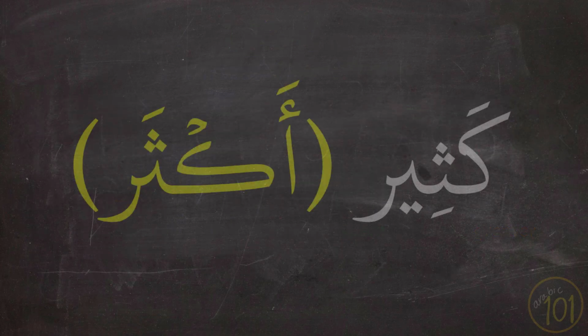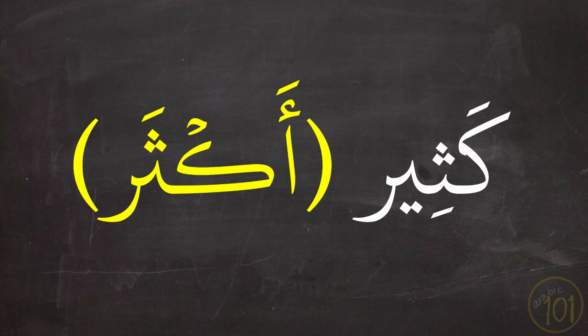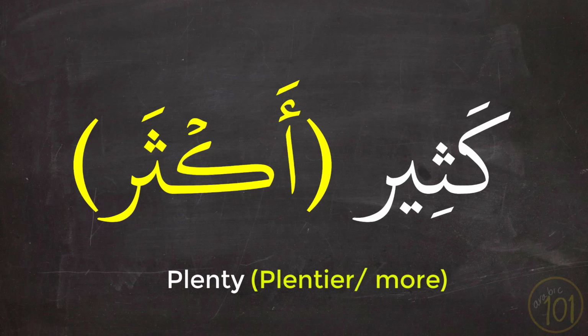Next is the word kathir, which means plenty. And from kathir, we derive the word akthar, which means plentier or more.